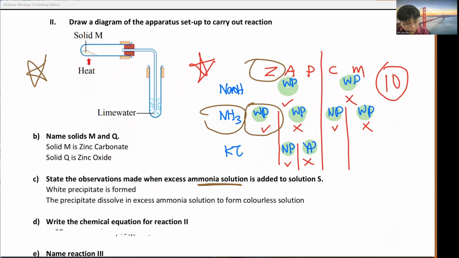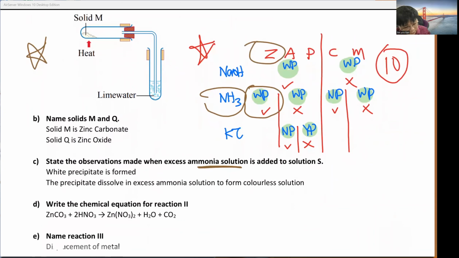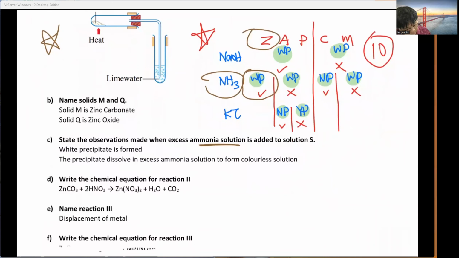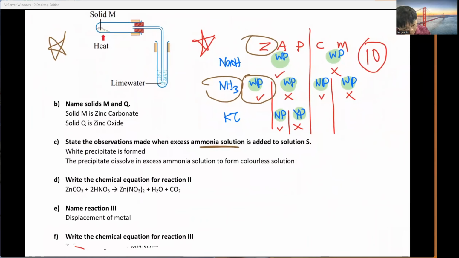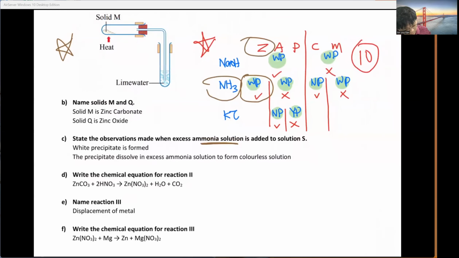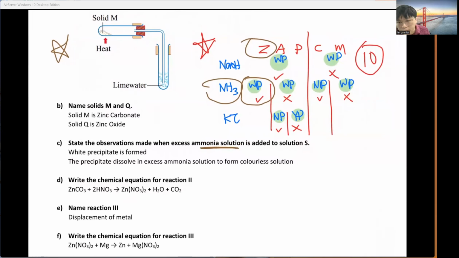So the chemical equation for reaction 2, I've written there. Then name the reaction: displacement.